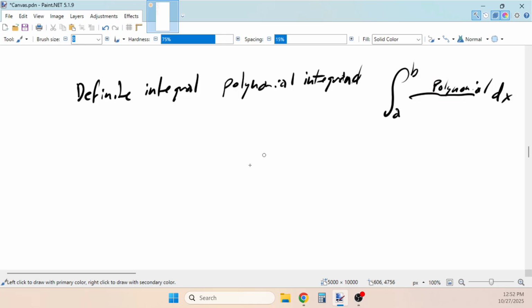That's how you set up this question. Question 2 is also a definite integral.